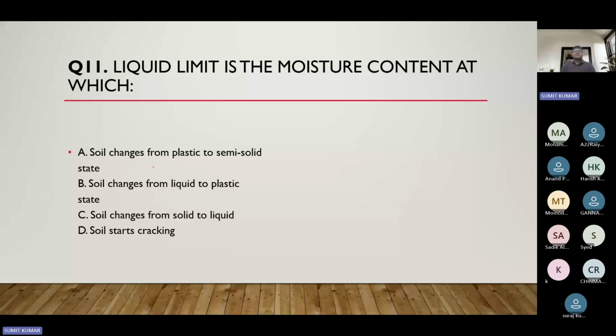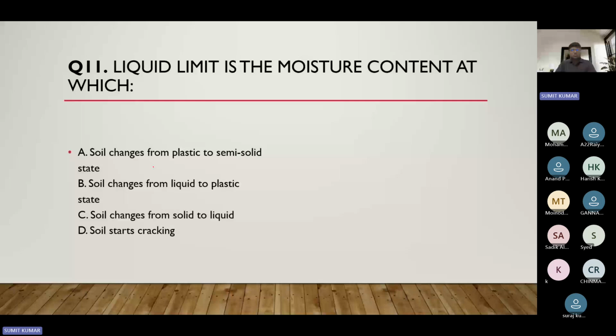Next is: the liquid limit is the moisture content at which, okay, we have seen now, in a slide we have made, the liquid limit, plastic limit, shrinkage limit.